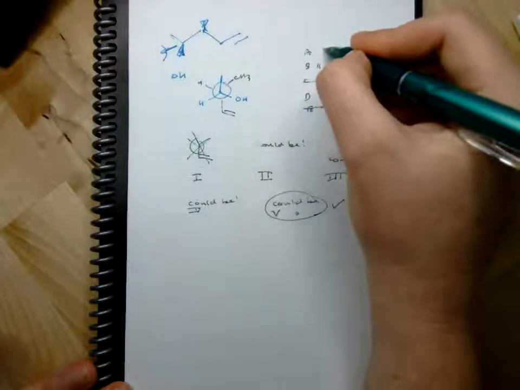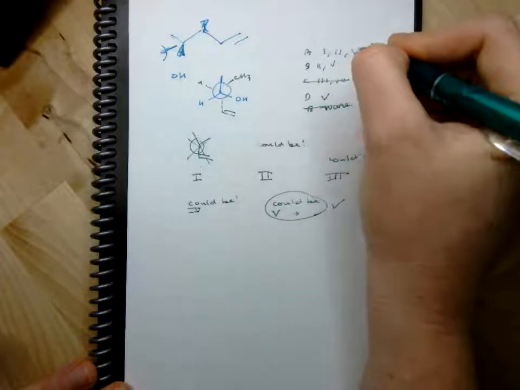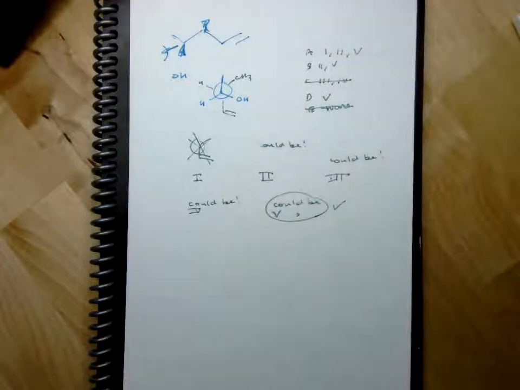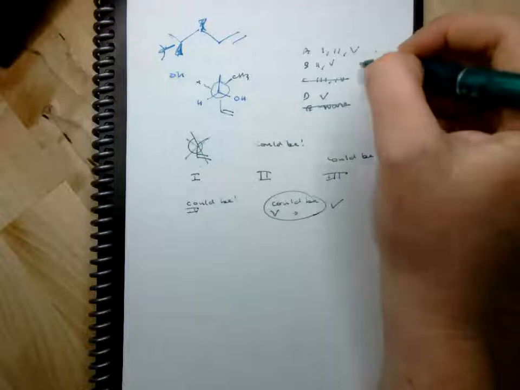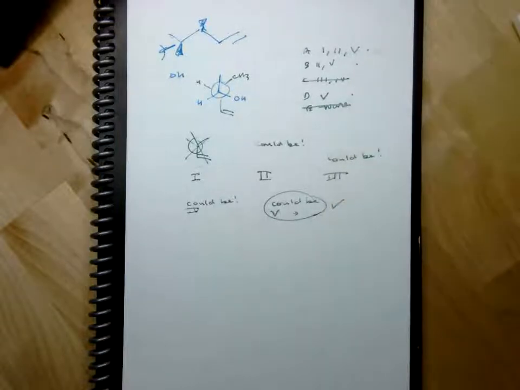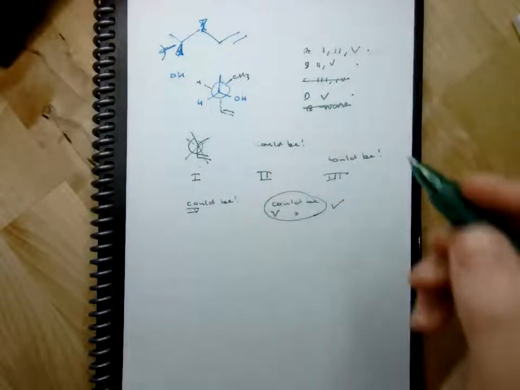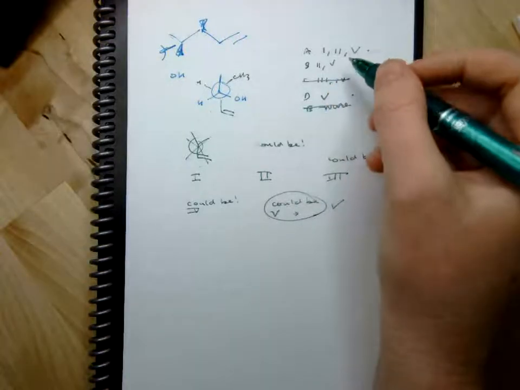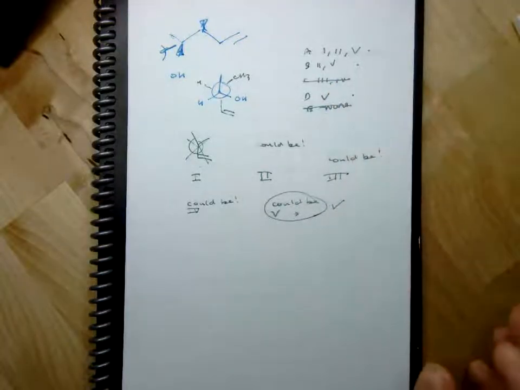C is 2 and 5, B is 1, 2, and 5. So I can eliminate it down to just A, B, and D based only on that. The only other possibilities it looks like are 1 and 2, but I'll go through all of them for you. 3 is not in these other answer choices, and neither is 4.